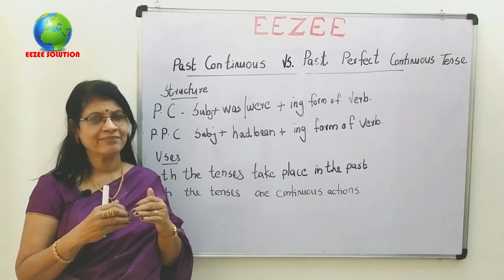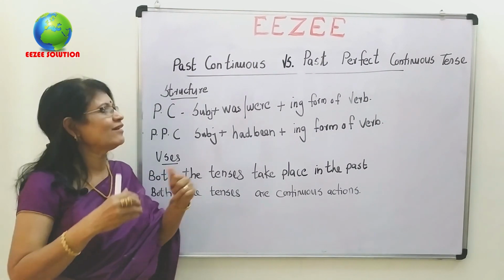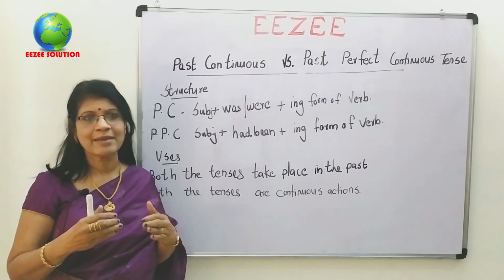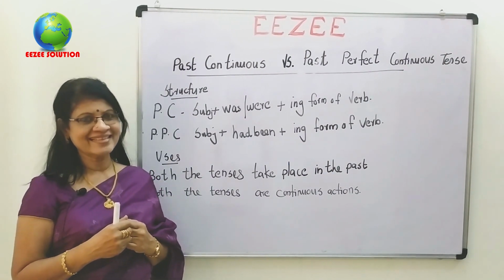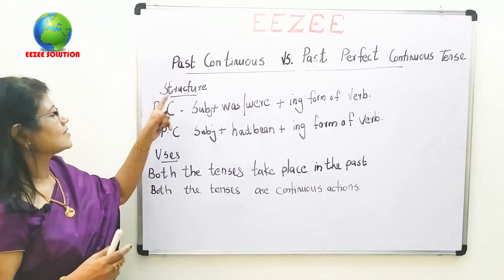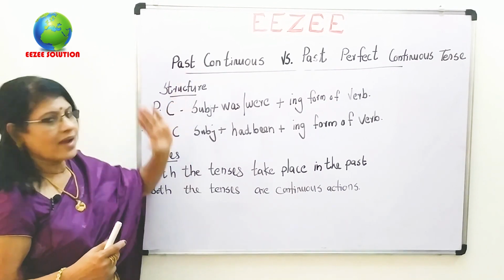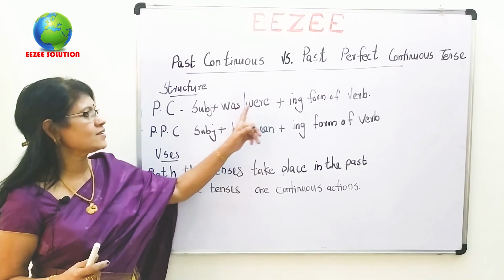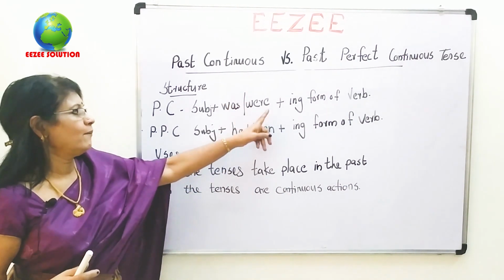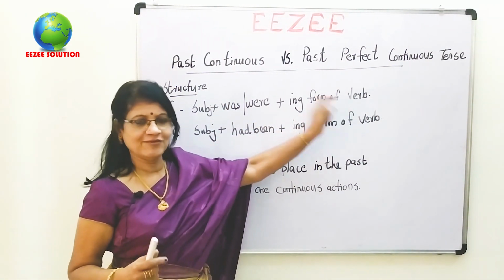We are going to see what the similarity of these two tenses is and at the same time what the difference between these two is. So, let's see. The structure of a past continuous tense is subject plus was or were plus the ing form of the verb.